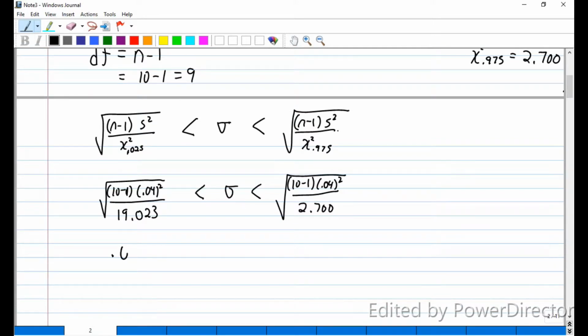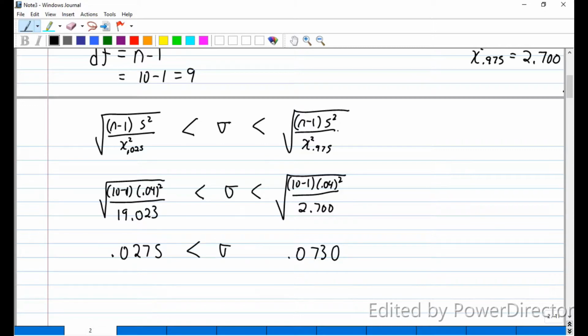So I got 0.0275 if I round to 4 places for that one. And then see what I get for the other one. I got 0.0730 if I go to 4 places.